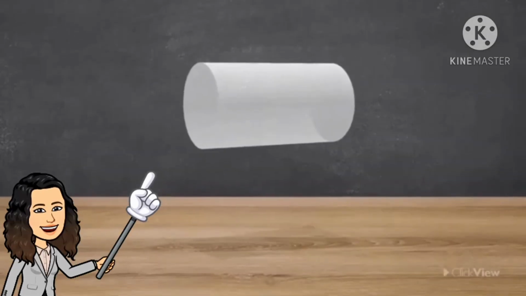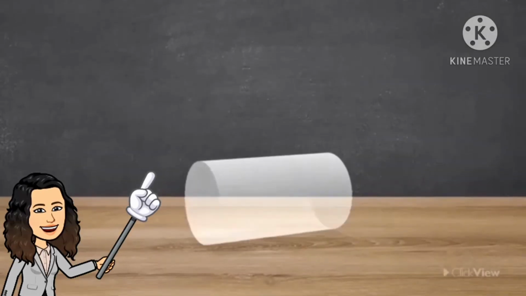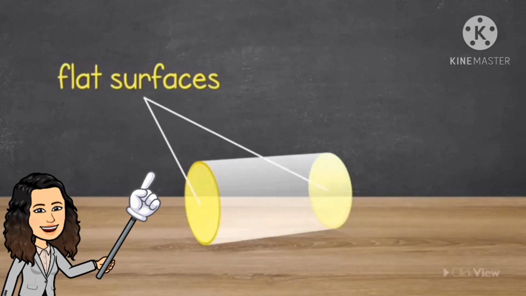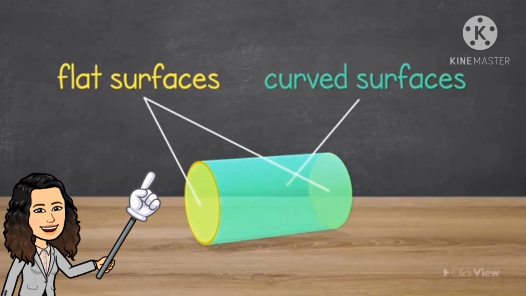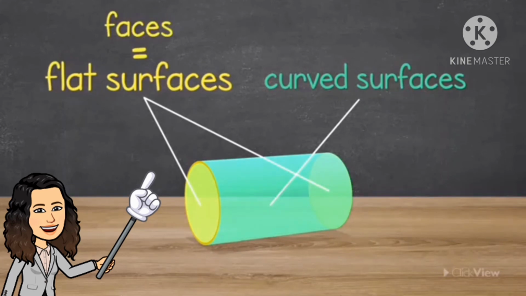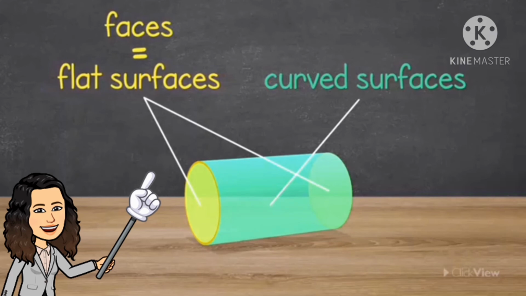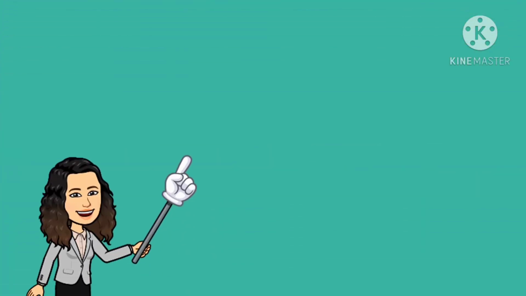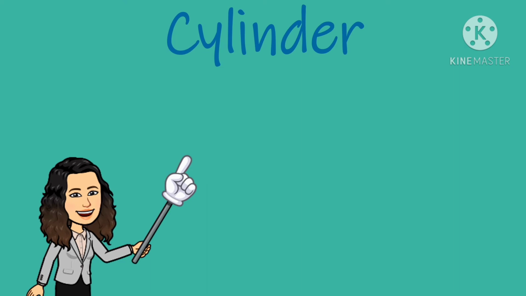However, some 3D shapes have more than flat surfaces. Some have curved surfaces. But we don't call them faces because faces are always flat. This shape is called a cylinder.